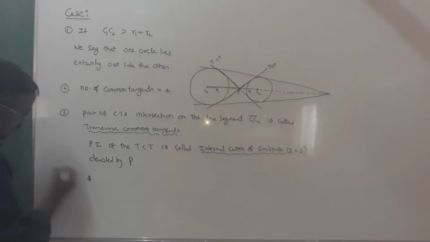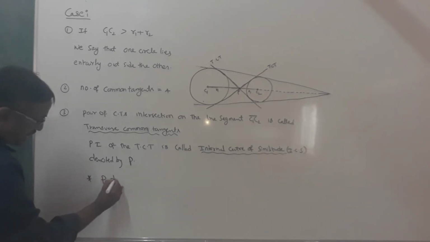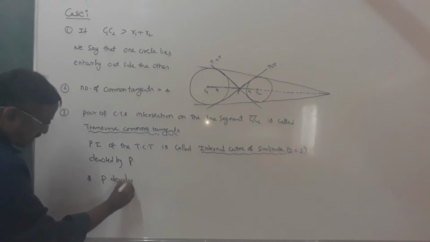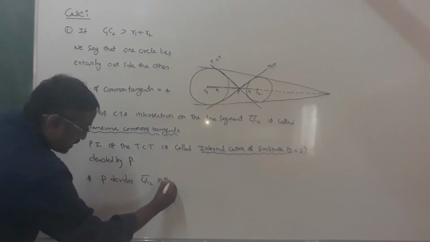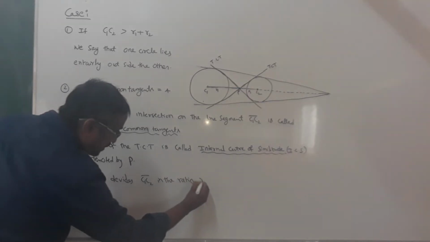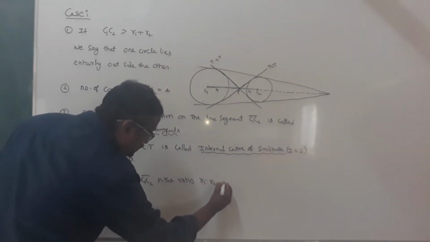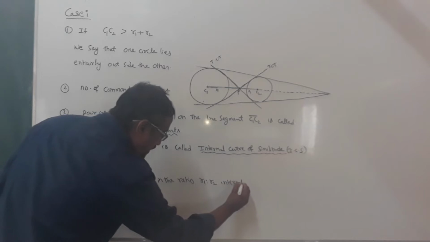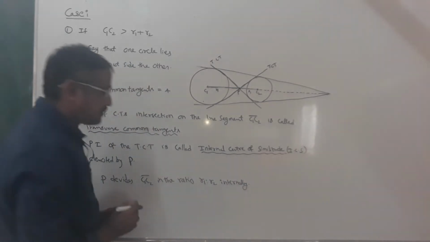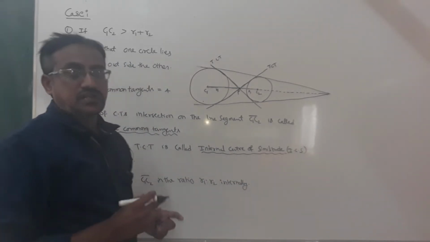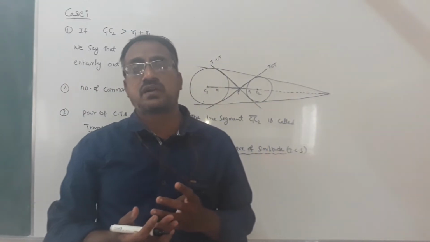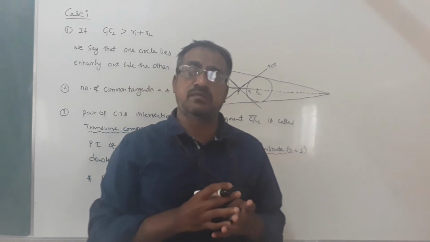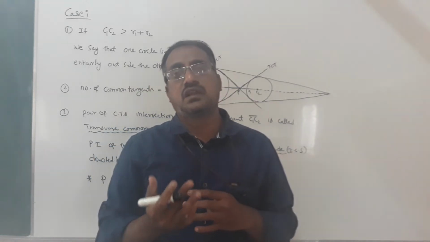Another very important point, P divides C1C2 in the ratio R1 is to R2 internally. Now you can find the point P by using the ratio R1 is to R2 internally. You know the section formula, that is (lx2 plus mx1)/(l plus m), (ly2 plus my1)/(l plus m).